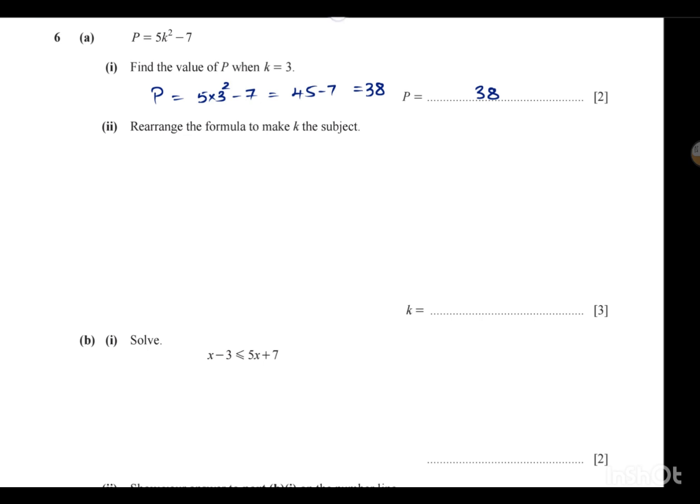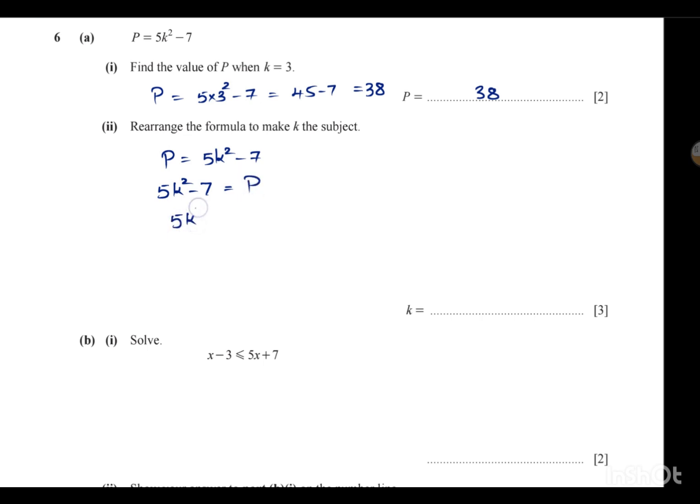Question number 2. Rearrange the formula to make k the subject. P is equal to 5k square minus 7. Flip the equation so that it will be easy to rearrange.